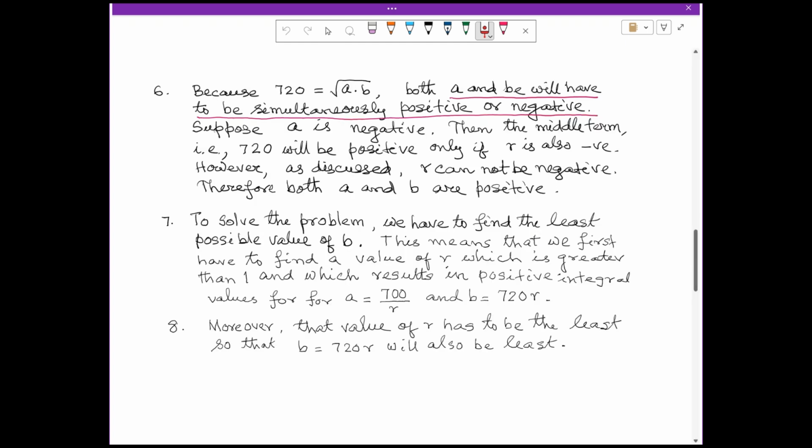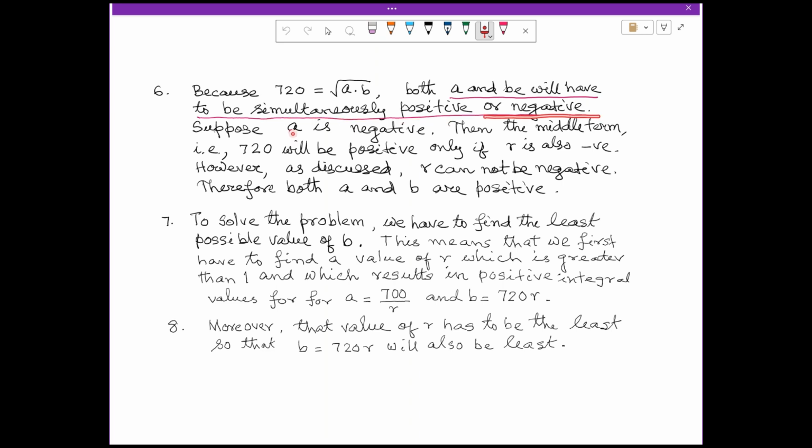Continue with the conclusions that we can draw from the conditions given in the question. Because 720 is the square root of a multiplied by b, both a and b will have to be simultaneously positive or simultaneously negative.